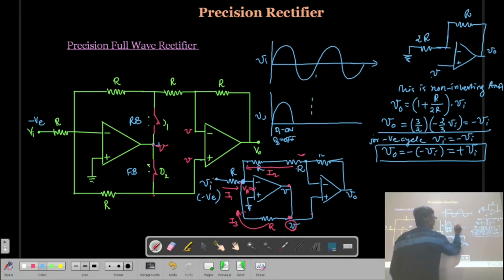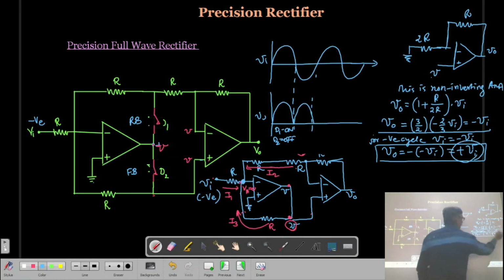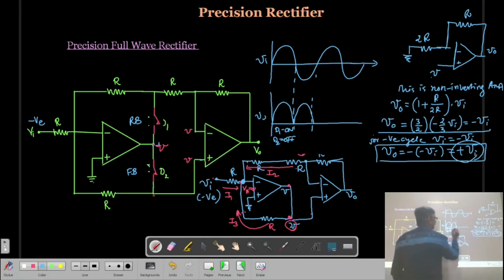Now the negative cycle will come. Again we have a positive voltage because of this, but in this case D1 is off and D2 is in on condition.